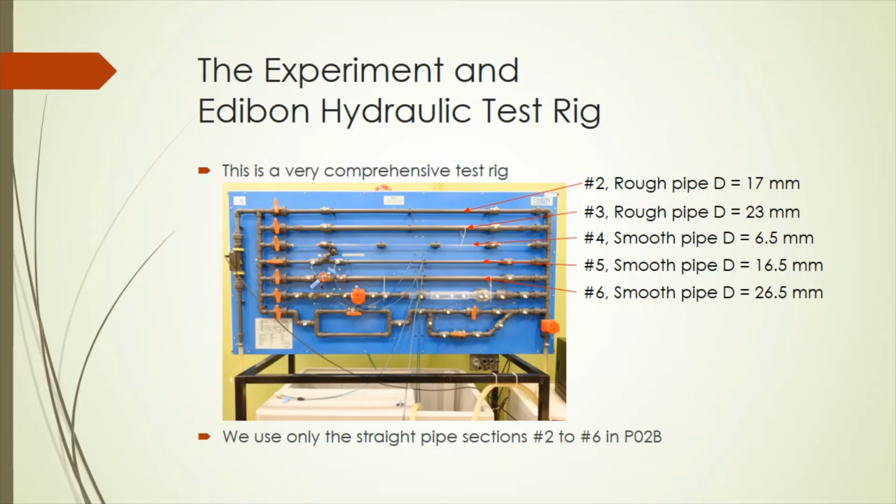Please be reminded that a smooth pipe doesn't mean that the friction is 0. For smooth pipe, it still has friction. We will be handling this in the lecture later on. In these experiments, we will be using pipes 2, 3, 4, 5, and 6.